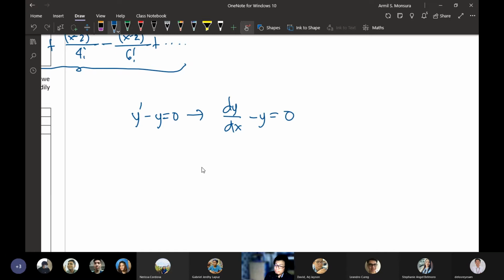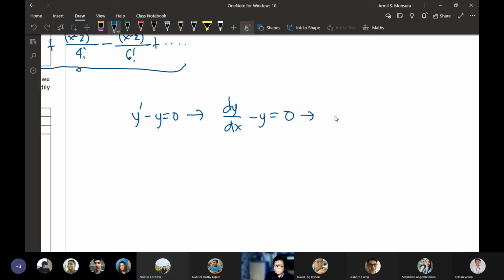Anong method? Anong elementary method? Which elementary method can I use in order to solve this equation? Variable separable po siya. So, by separation of variables, I can actually solve this now.